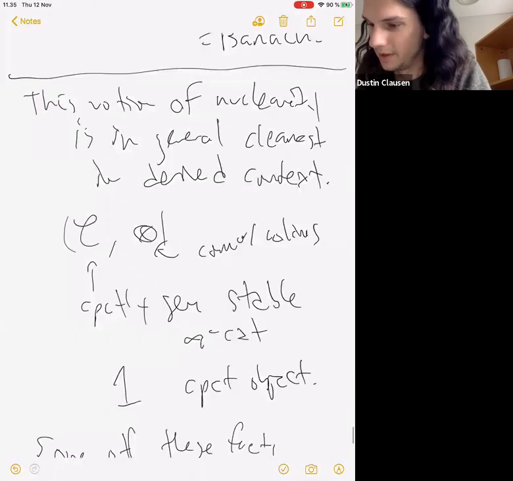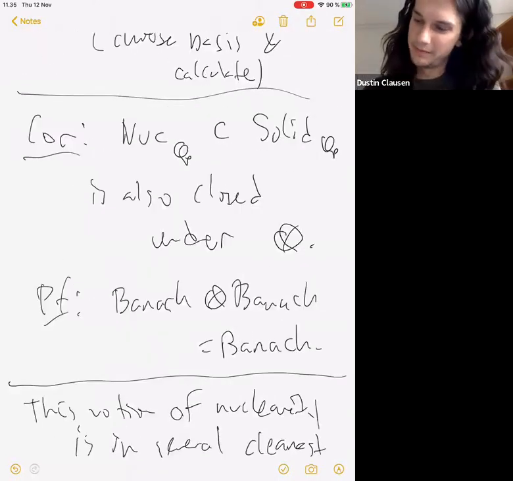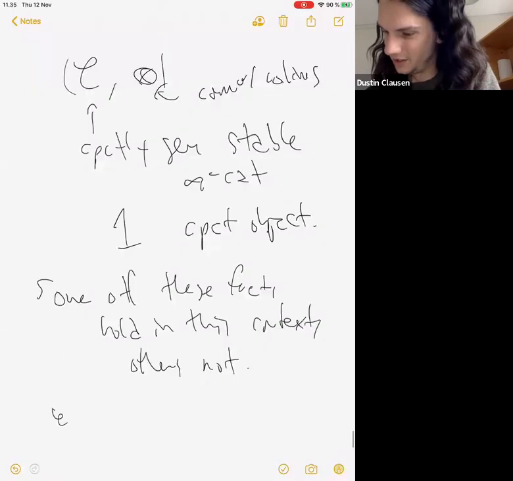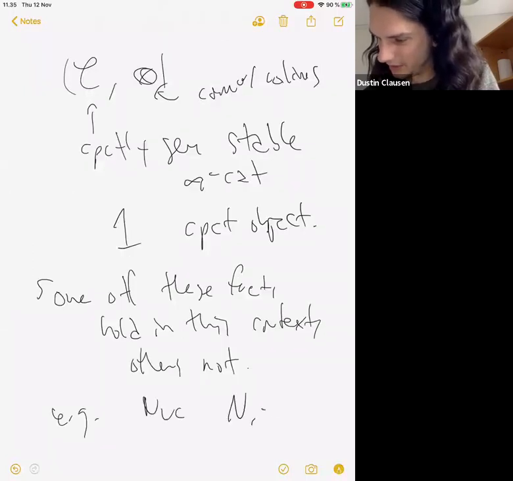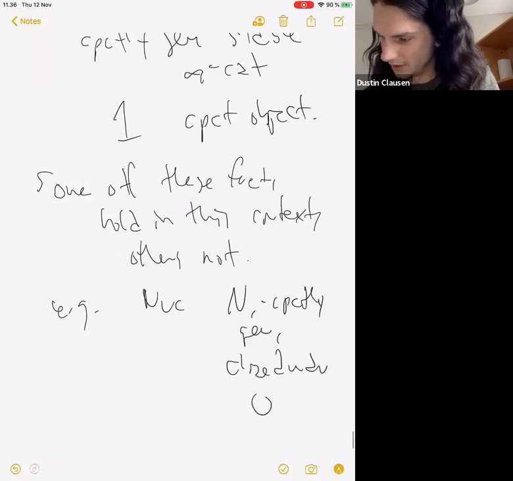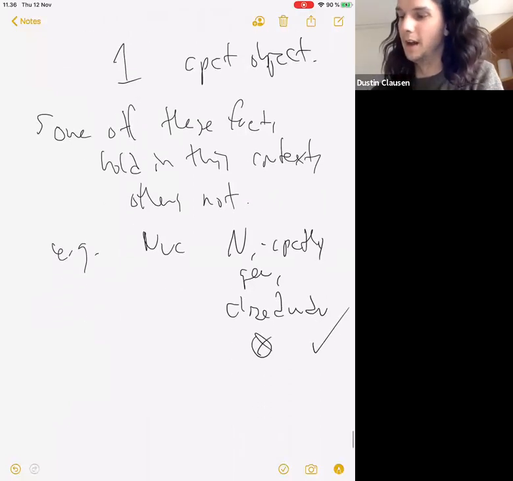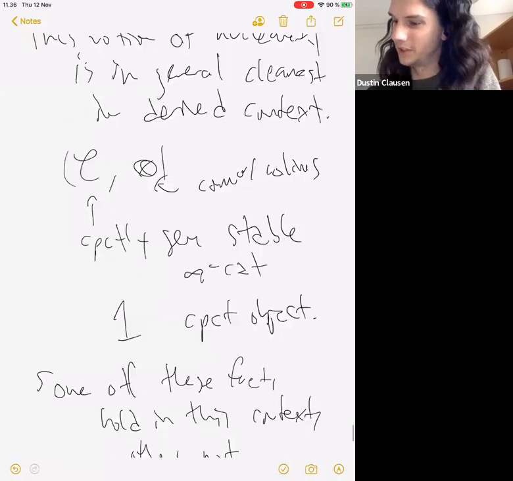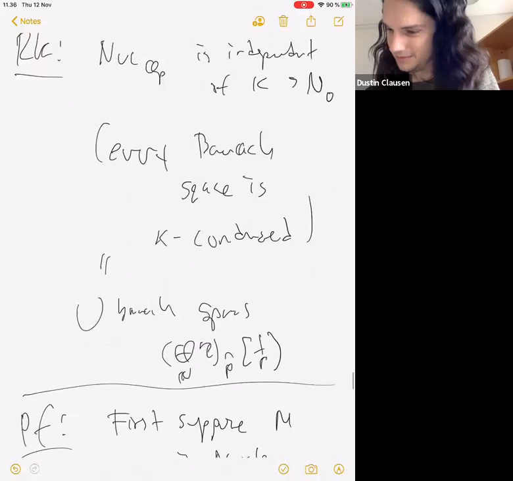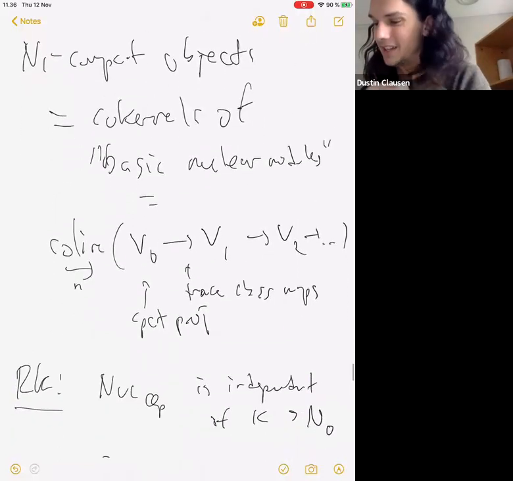So for example, this corollary, which I gave a proof of using the characterization of nuclear modules, is actually a general fact: nuclear is Aleph-1 compactly generated and closed under tensor products. That's okay. But some general characterization in terms of Banach spaces, maybe that's not okay. It doesn't make sense in the general context anyway.